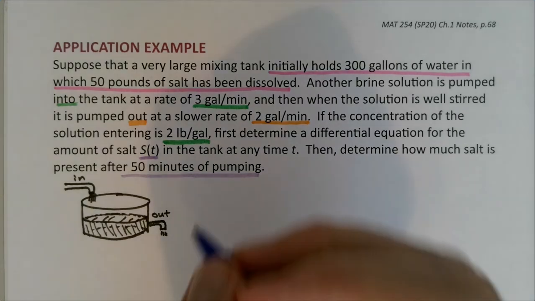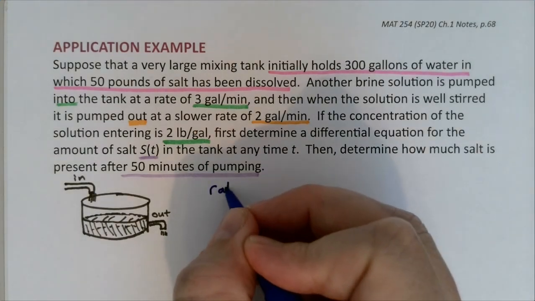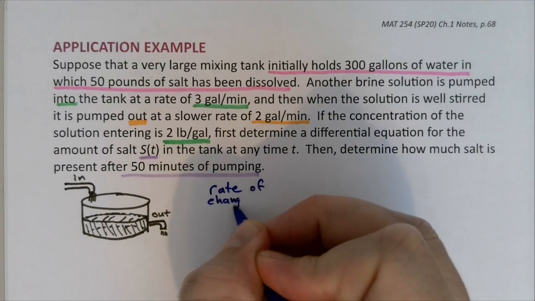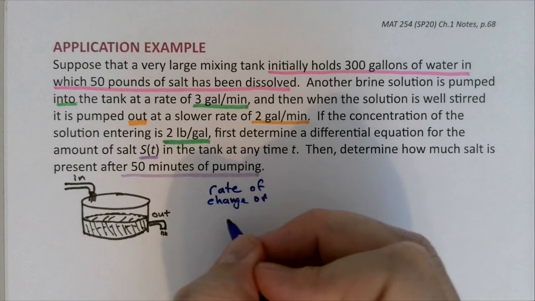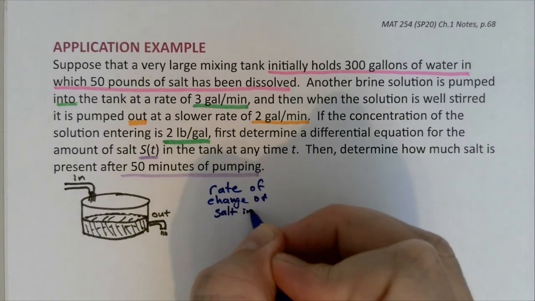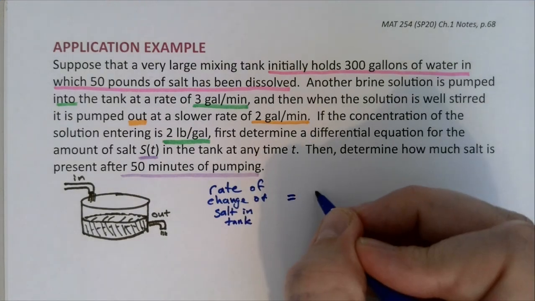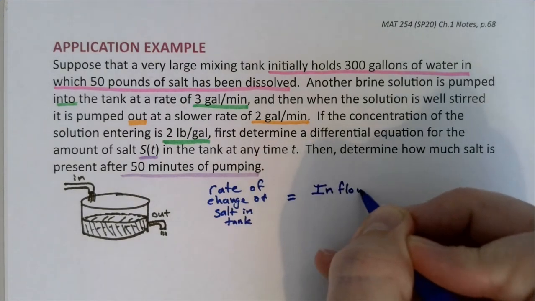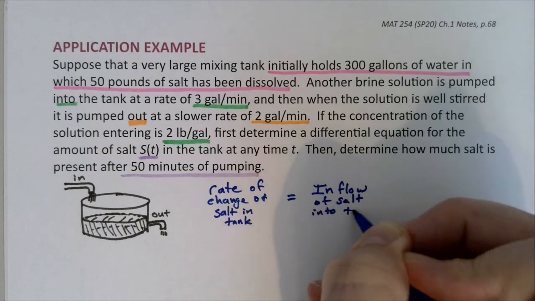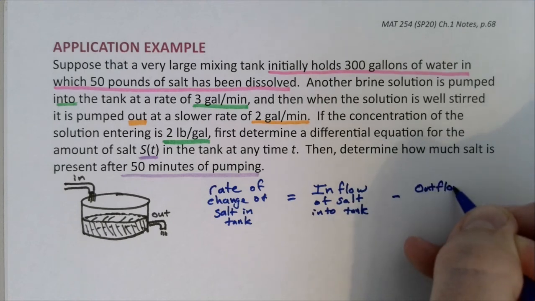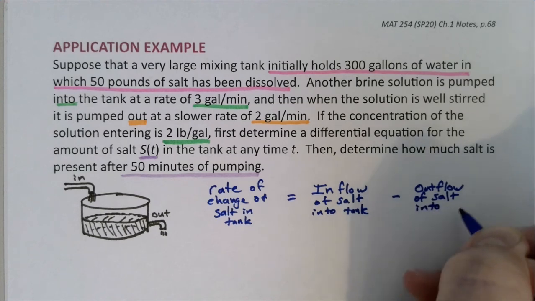Then off to the side, what we probably want to do is in words describe what we're talking about. So we're going to be talking about the rate of change of salt in the tank. And that's got to be determined by the inflow of salt into the tank minus the outflow of salt out of the tank.